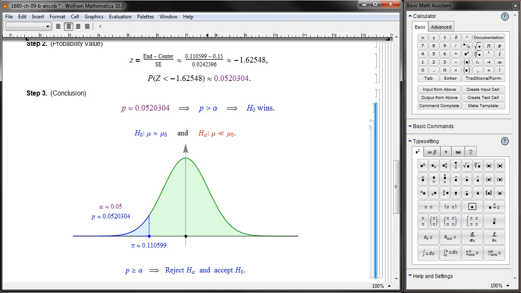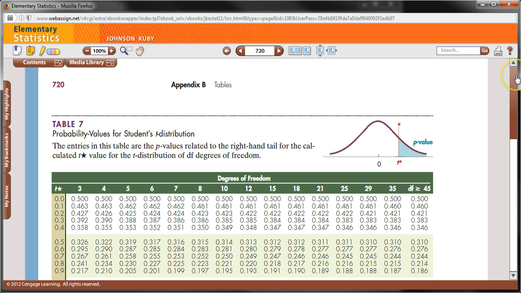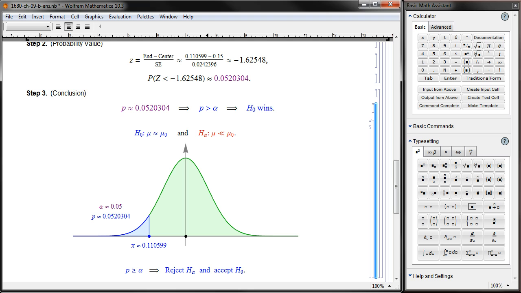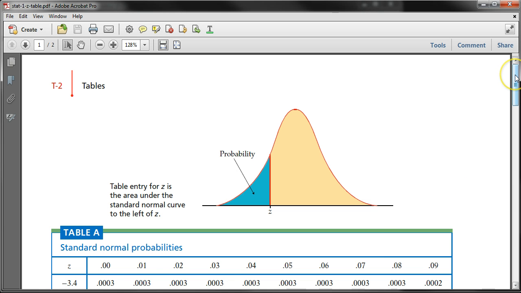But if you use your t-table from our textbook on page 720, oh, wait a minute, it's not the t table, it's the z table. Okay, the z table is a little bit better, but still you're not gonna like it very much. Let's go to the z table.